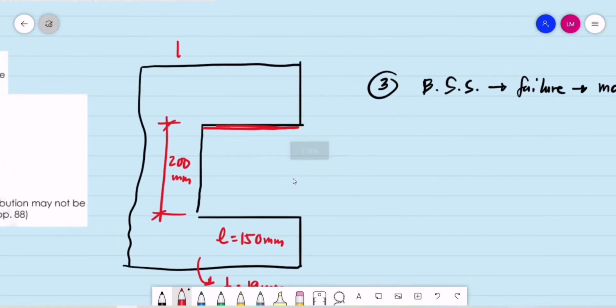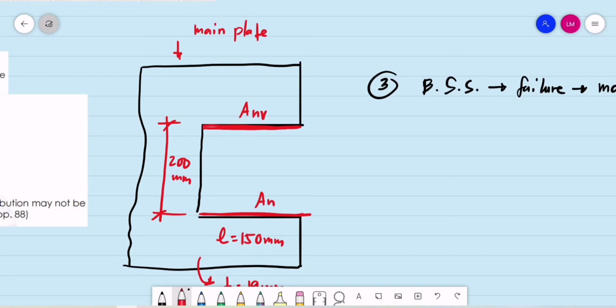So this area is our A sub NB, that is the area of this main plate that will resist shear. So we have 2.